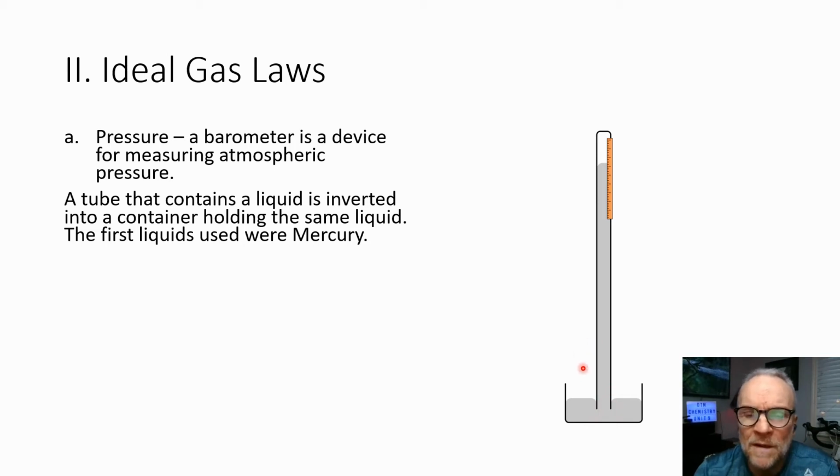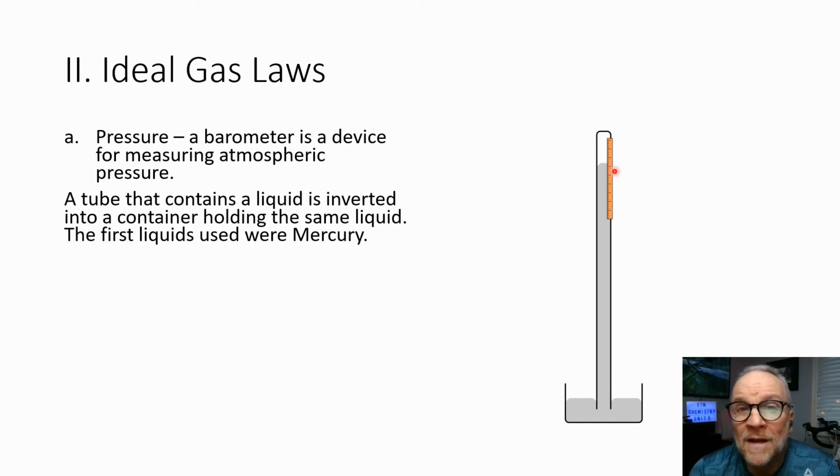What happens is, when the atmospheric pressure rises, it presses down on the surface in the container, and the mercury rises. So high pressure means a higher column of mercury. At about 1 atmospheric pressure, this level is 760 millimeters of mercury.